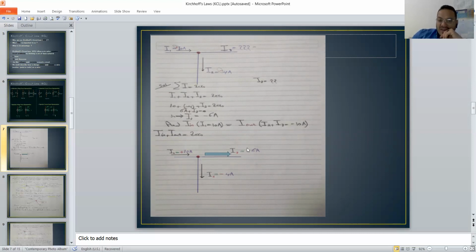That means I2 and I3 will act as the output currents. So the input current, 10 ampere, equals the output, minus 6 plus minus 4, which is minus 10. Input equals output, but with different sign.